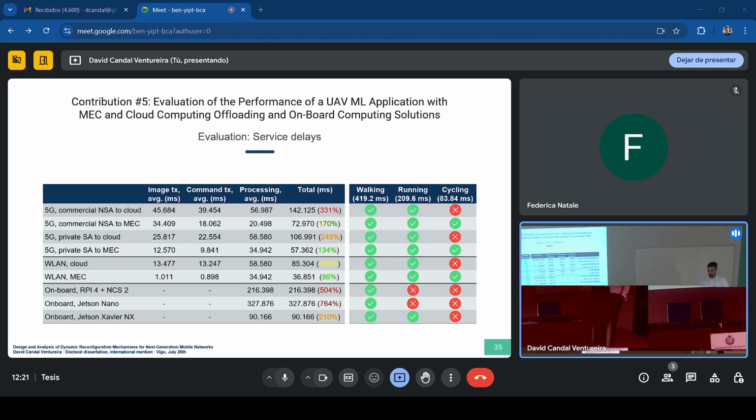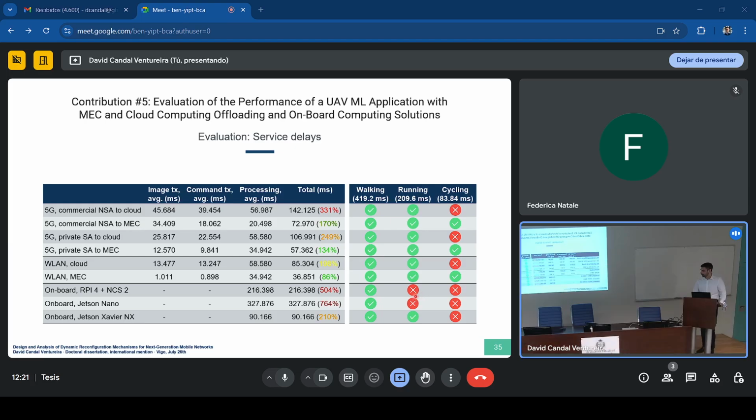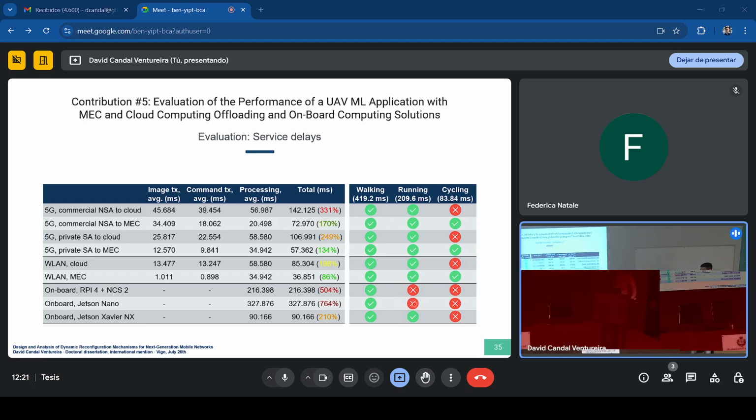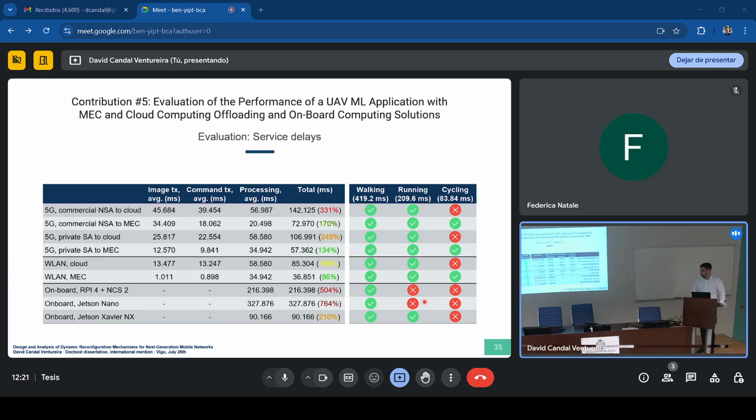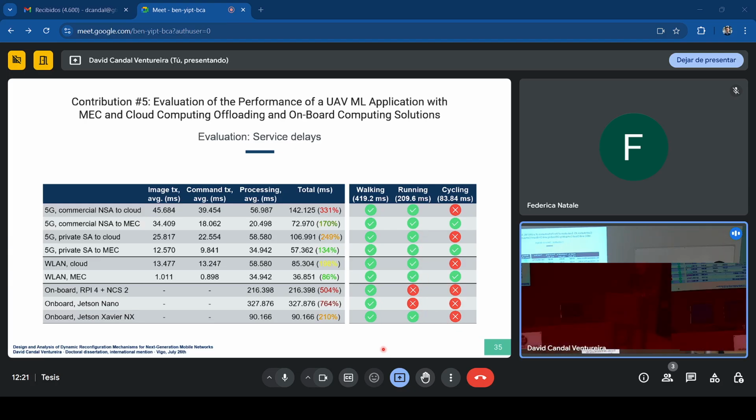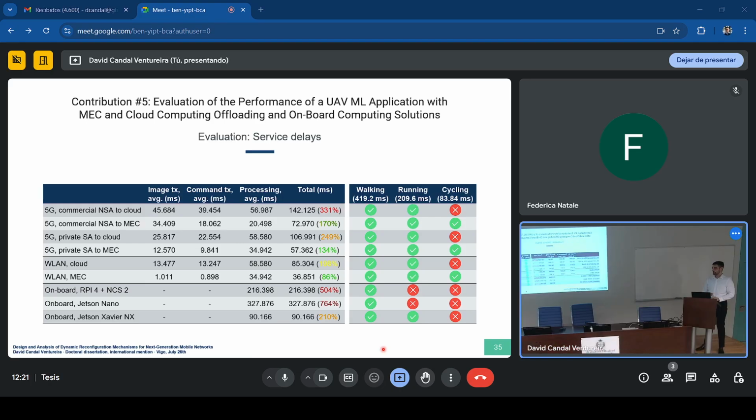And in this case, in onboard computing, two boards could not meet the requirements when the user is running, and none of the boards can do it when the user is cycling.